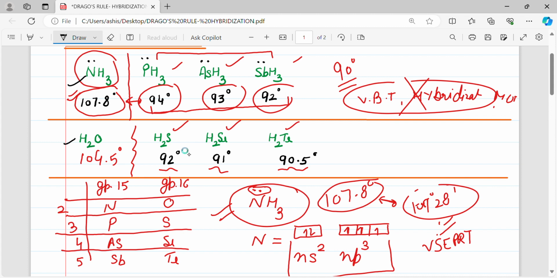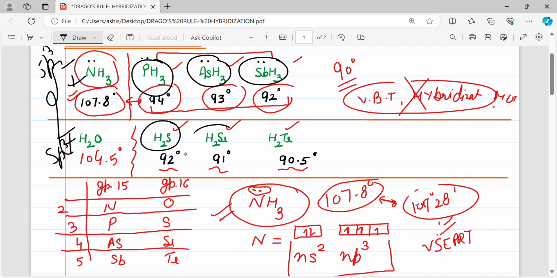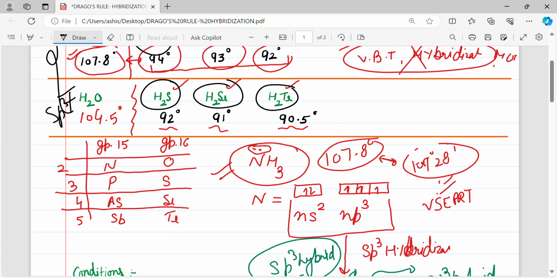The element should belong to third, fourth or fifth period. It should not belong to second period. Means we should not apply Drago's rule on NH3 and H2O. In the case of NH3 and H2O, we should consider the hybridization, that is sp3 and sp3.